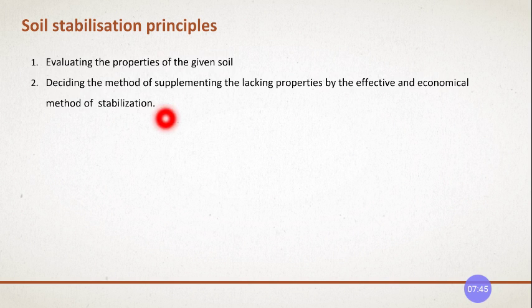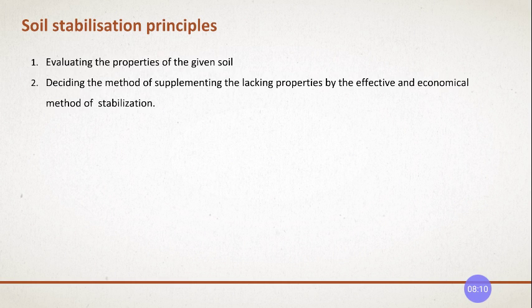Deciding the method of supplementing the lack of properties by effective and economical methods of stabilization. It should be very effective. It should not be that once we mix this stabilizing agent to the soil, it improves only 10% or 20%. It should improve its strength capabilities or various properties by a minimum of around 40 to 50%.